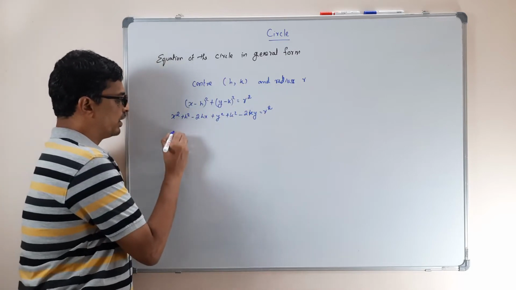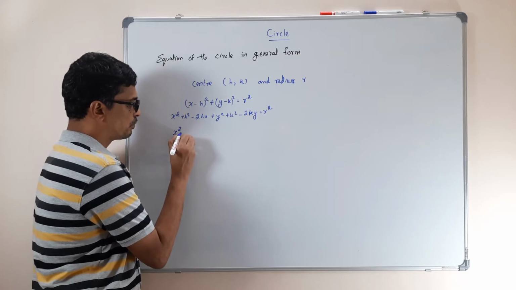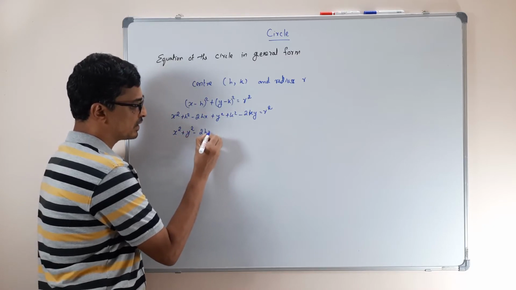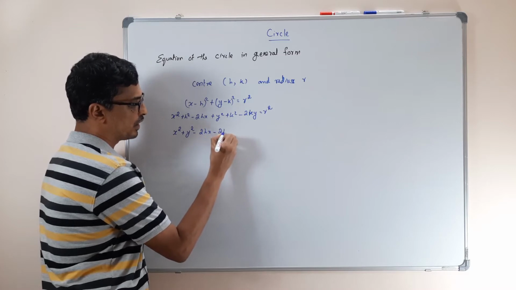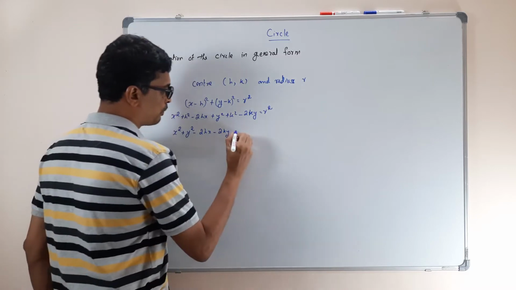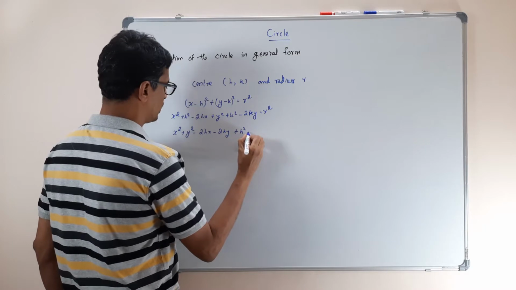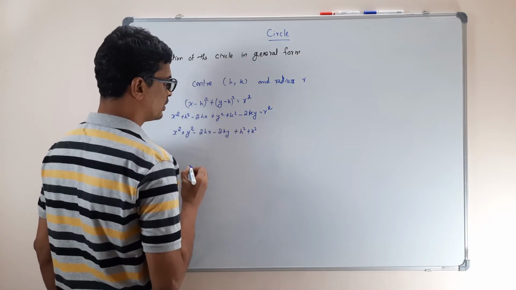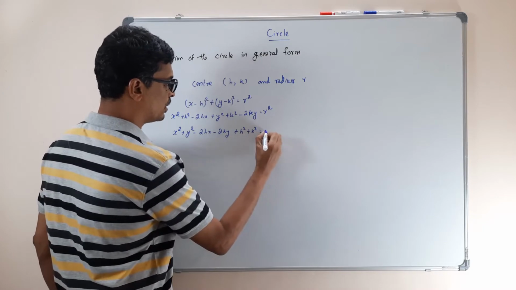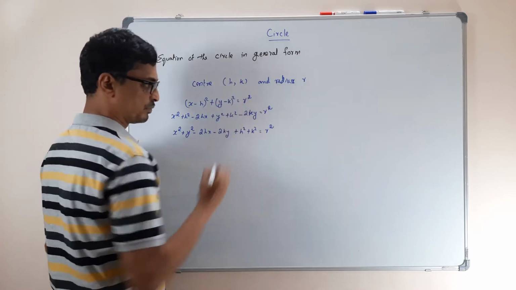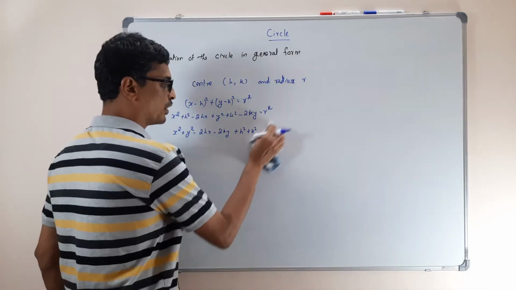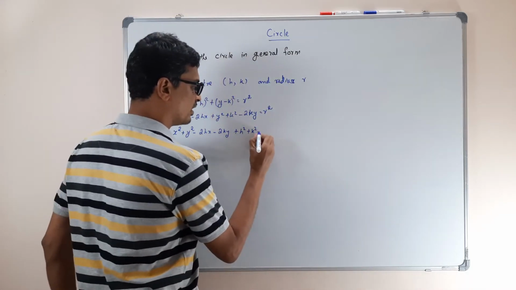So let me combine: x square plus y square minus 2hx minus 2ky plus h square plus k square equal to r square. If I take r square this side, then it becomes minus r square equal to 0, correct?